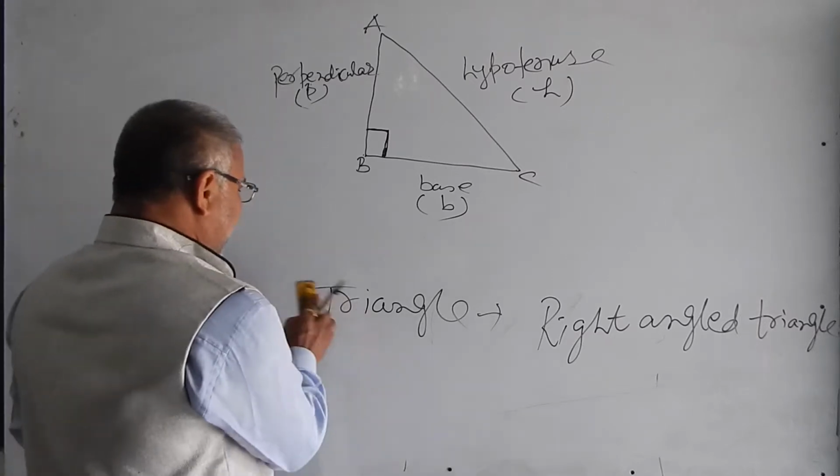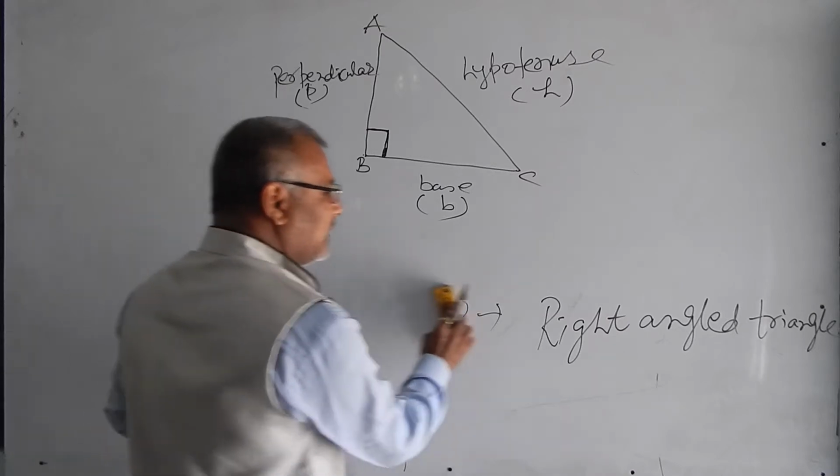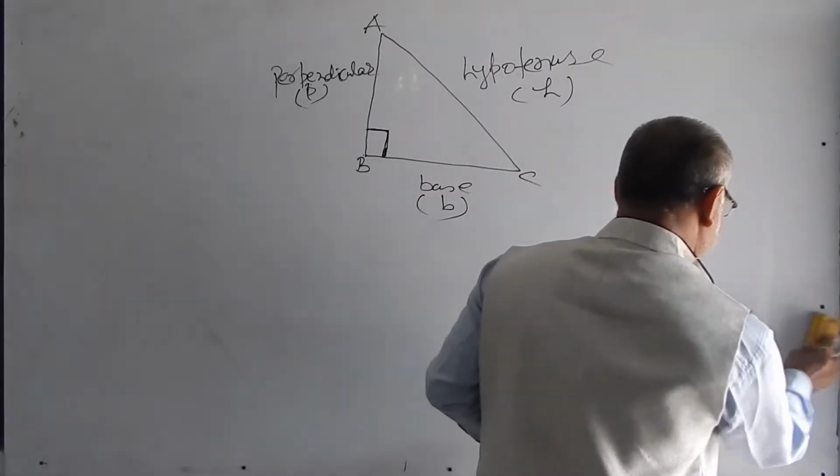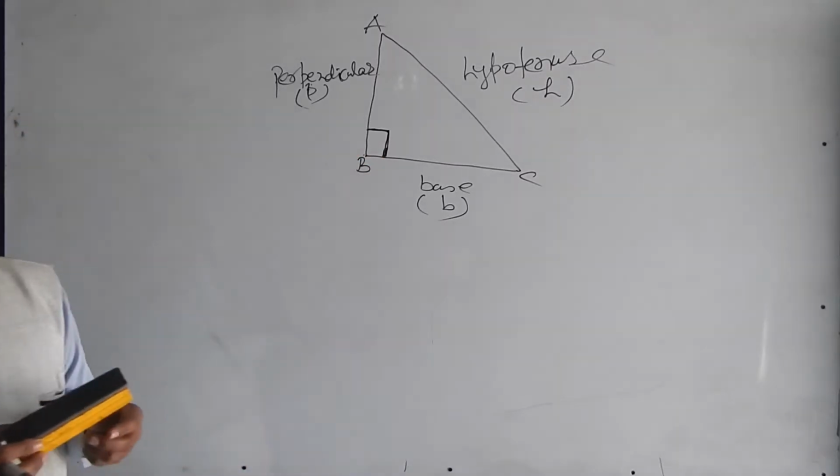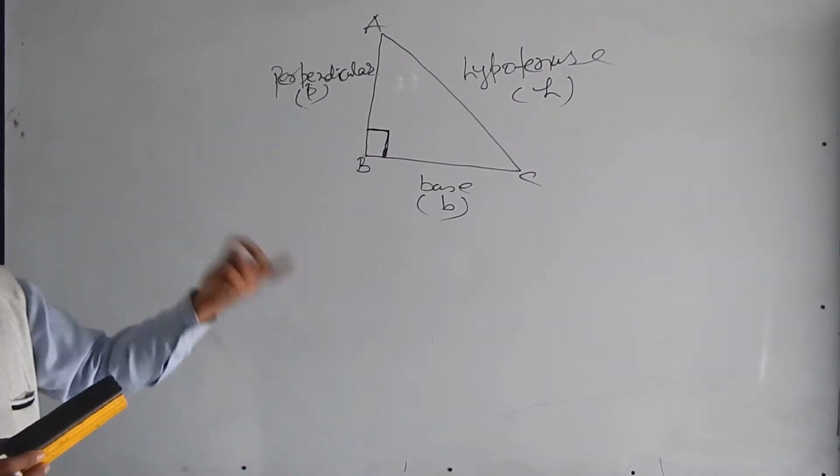Now, in the right angle triangle, if you take the ratio of these three sides, we can take 6 types of ratios.